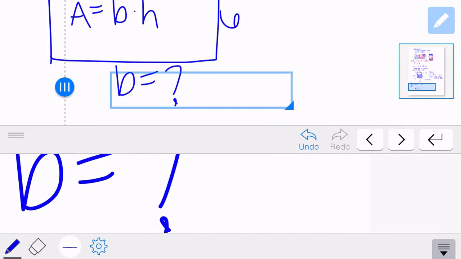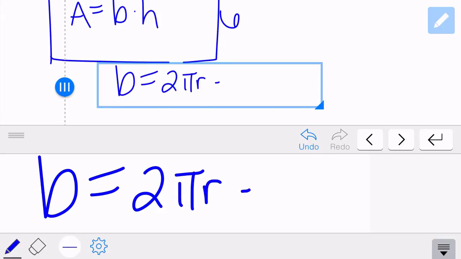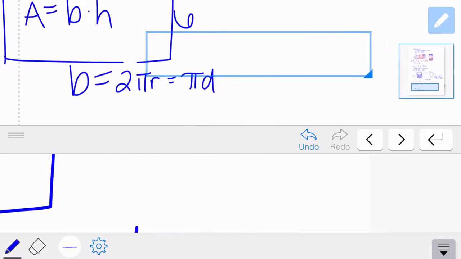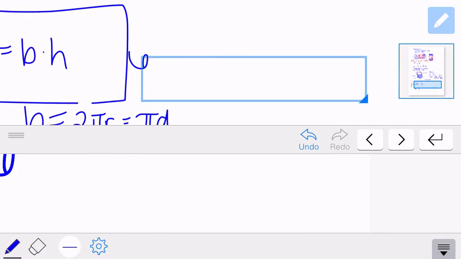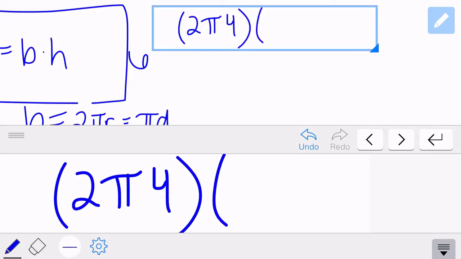So we're going to put that in here. So what is the formula for circumference? Do you remember? Should either be 2 pi r or pi times the diameter. I'm going to go ahead and use 2 pi r. So basically what I have here, to find the area of this rectangle, I need to do 2 pi r, and our radius is 4, times our height, 6.